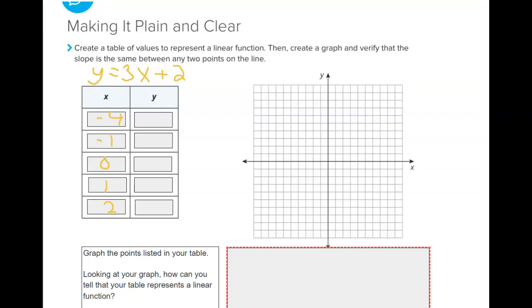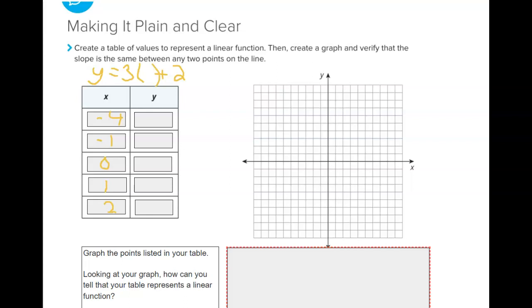inputs, right? And then what you do is you just substitute these numbers in for x. So instead of that x there, we're just going to plug in these different numbers.